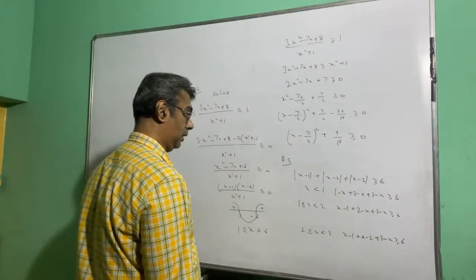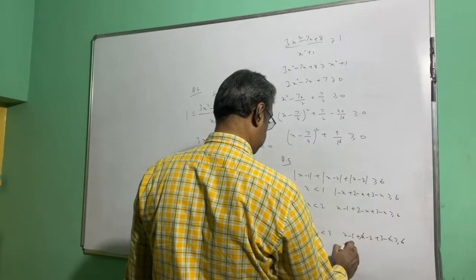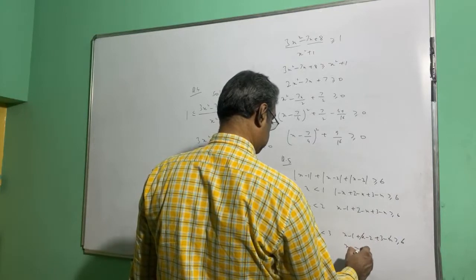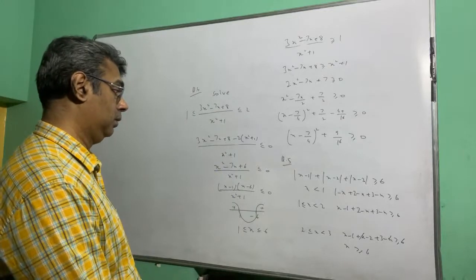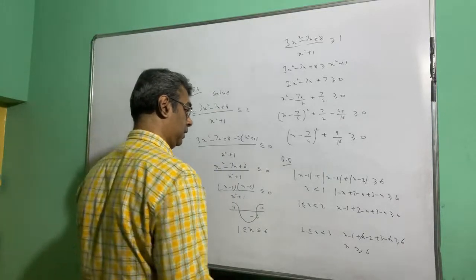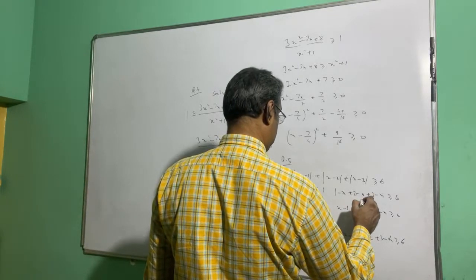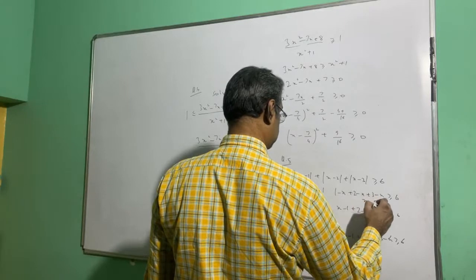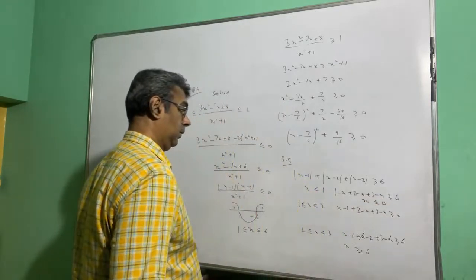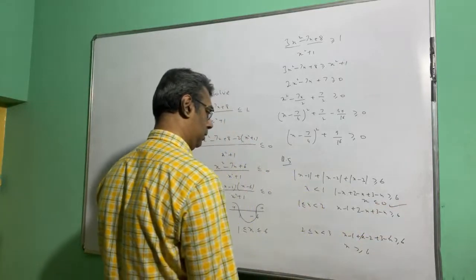That means x is greater than 2 but less than 3. So the first inequality, after solving, I am getting x less than or equal to 0.